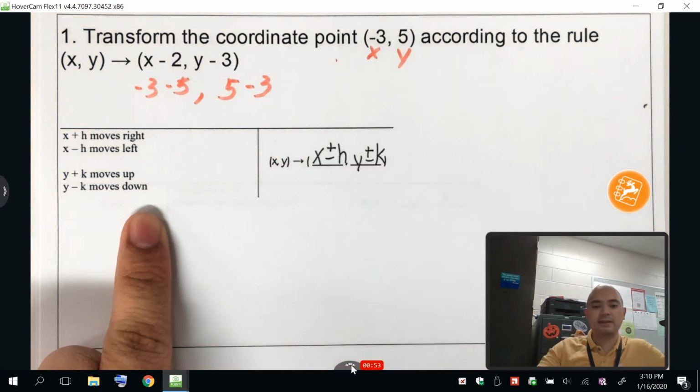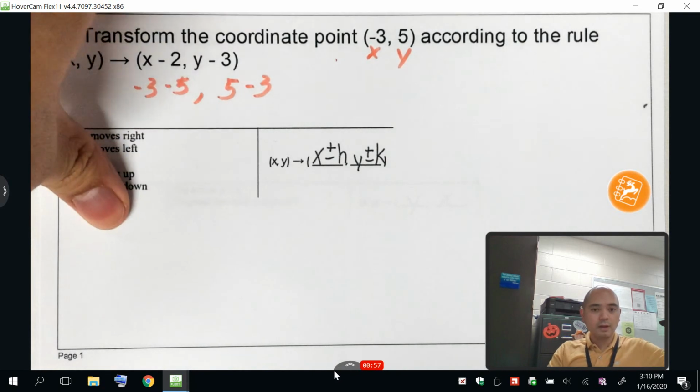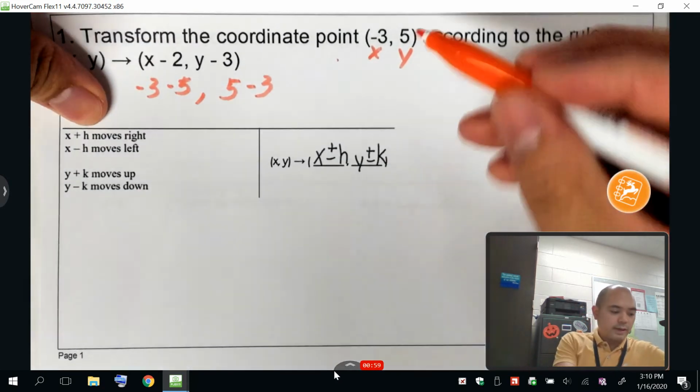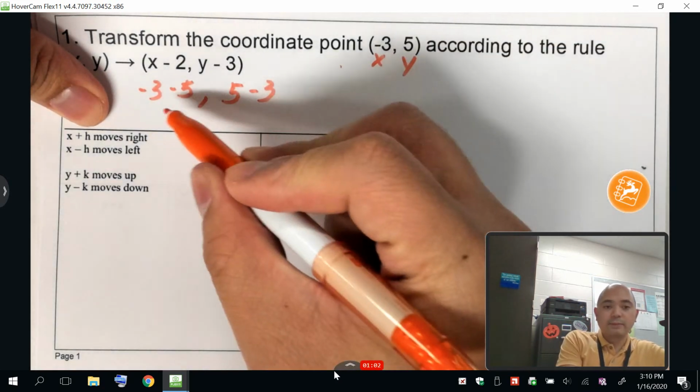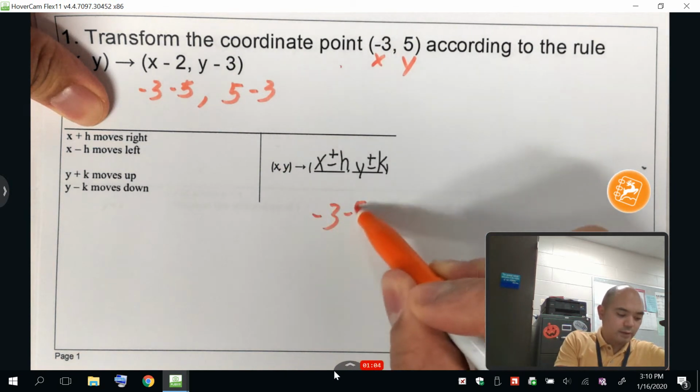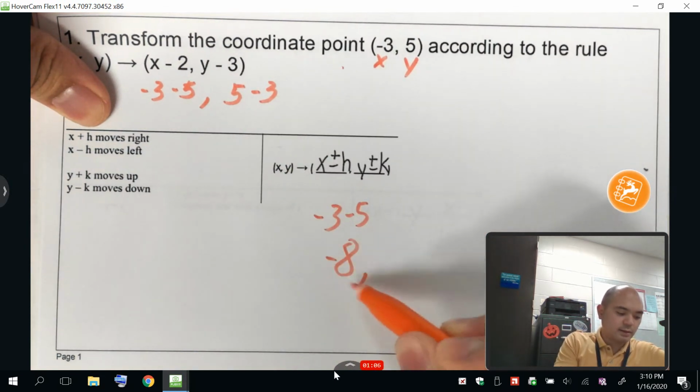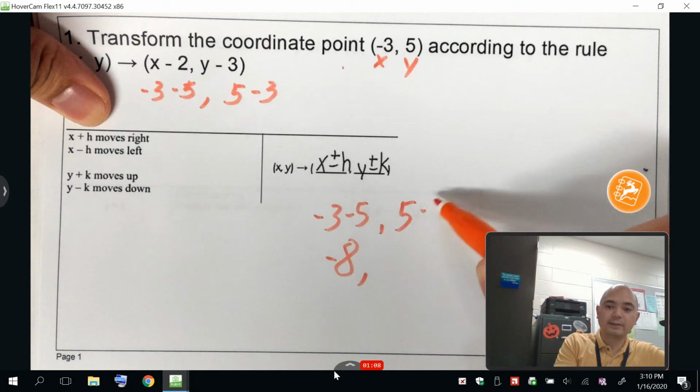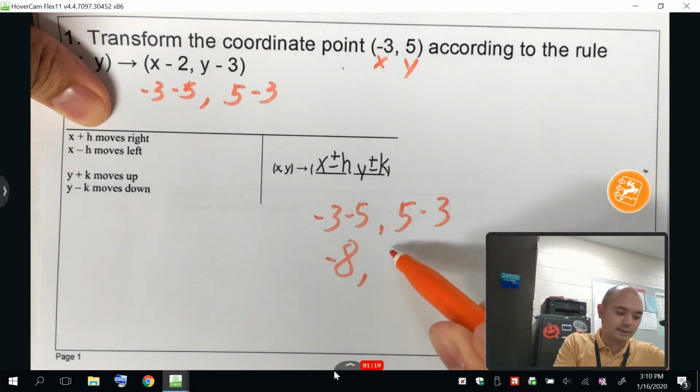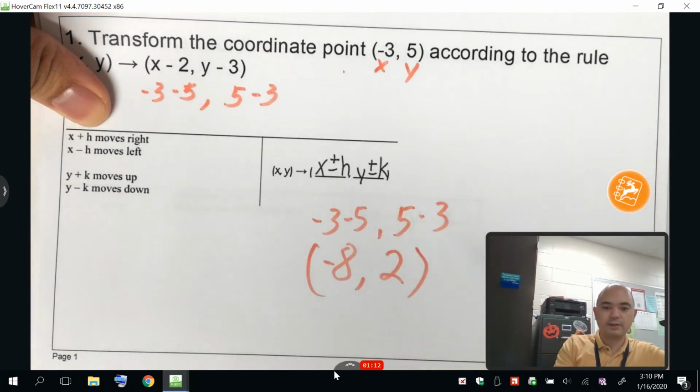So take a minute and answer that question. The answer here should be -3 minus 2 gets me a -5, comma, you have your 5 plus 3, which gets me a positive 8, (-5, 8).